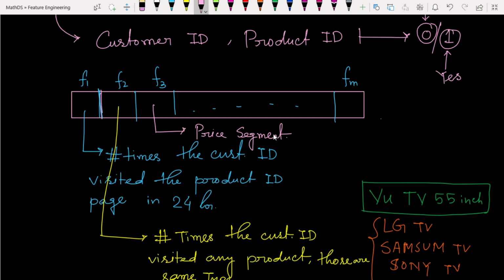So these things are called the feature vector. These vectors are called the xi, and the corresponding output is called the yi.